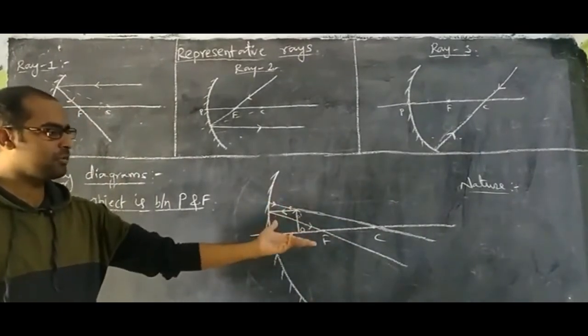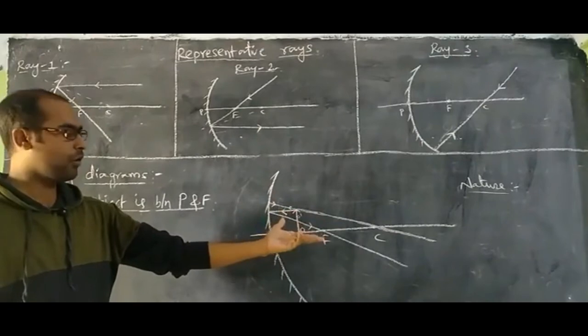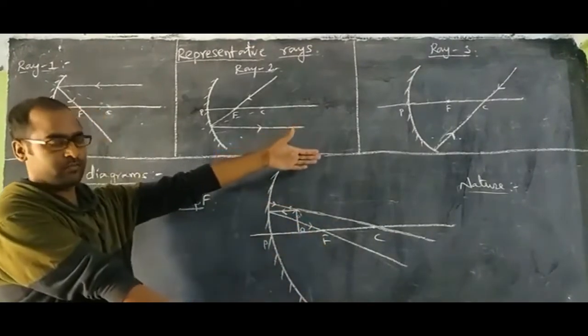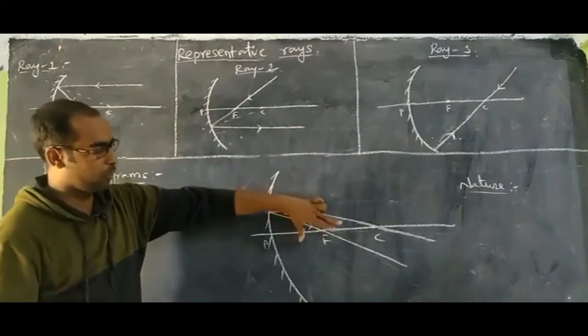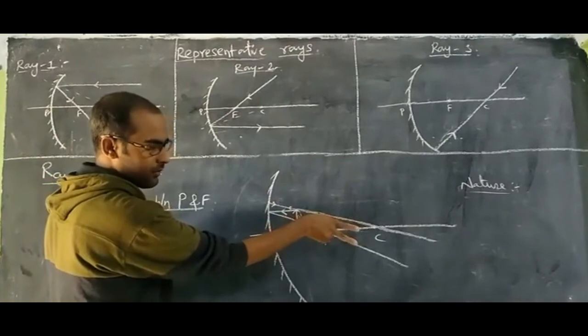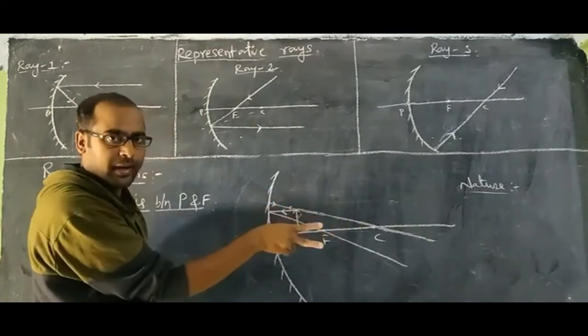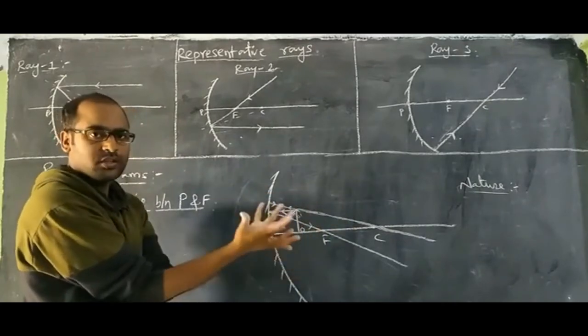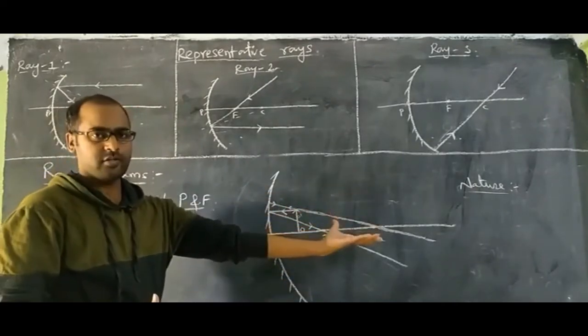No, they are not appearing to meet. Those are diverging rays. They are not converging, and not parallel. In the previous case, those were parallel, but in this case, those are diverging. So there is no chance to form an image, right?